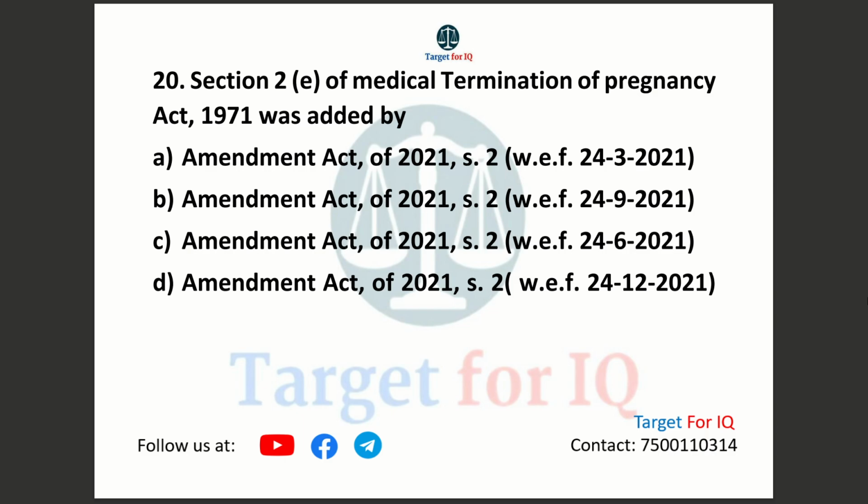Option C, the enforcement date is 24 June 2021. And option D, the enforcement date is 24 December 2021. So we need to identify the correct date in this question. So the correct answer to question number 20 is option B, that is the Amendment Act of 2021, Section 2. Enforcement date is 24 September 2021.